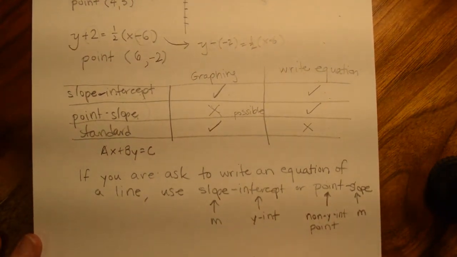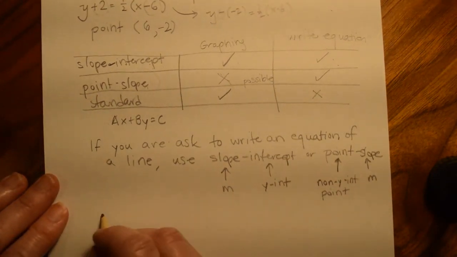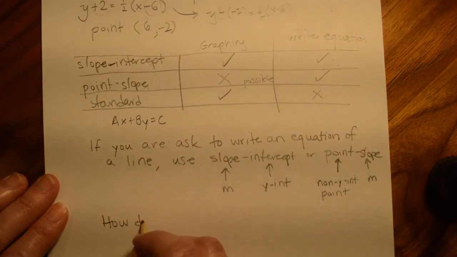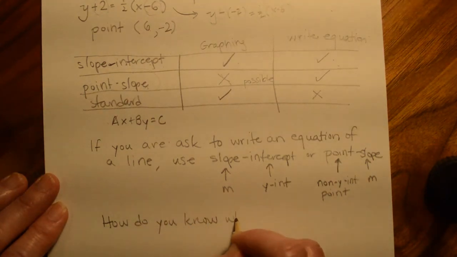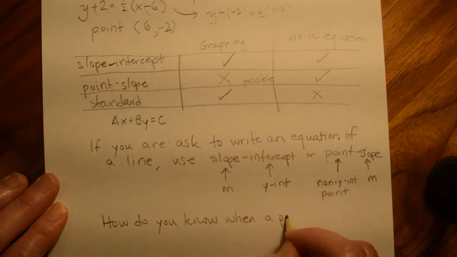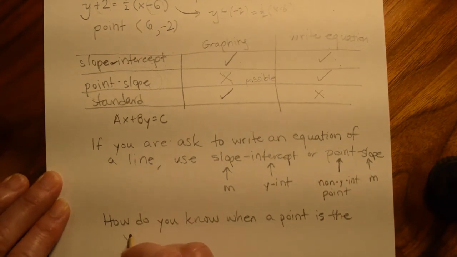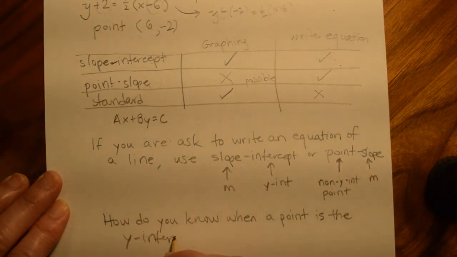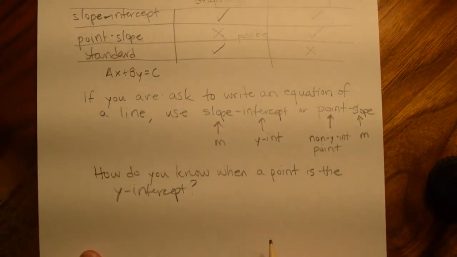All right, and again, here's one other question I want to ask you. How do you know when you have the y-intercept? How do you know when a point is the y-intercept?